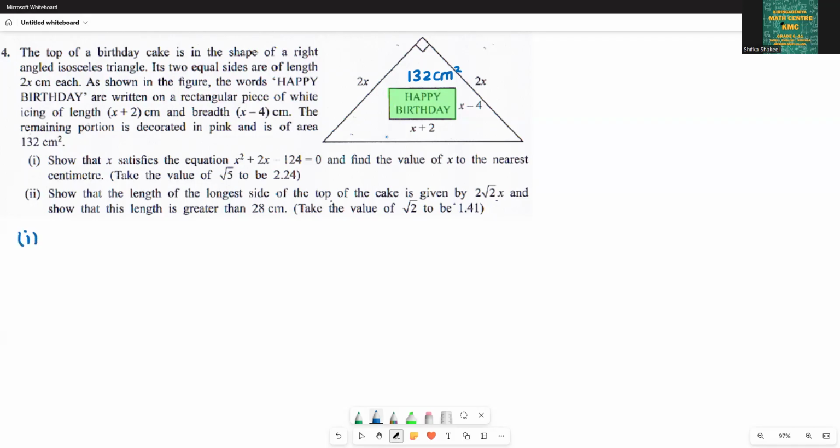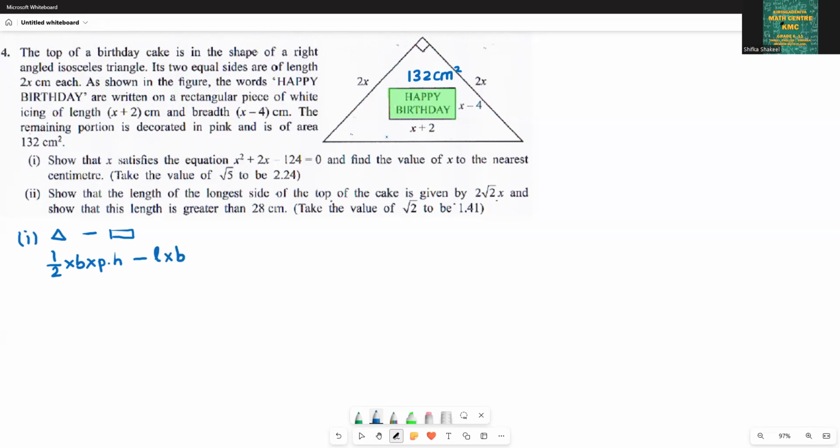The total diagram indicates a triangle, and from the triangle we have to subtract a rectangular part. The triangle's area is half into base into perpendicular height. The rectangle's area is length into breadth.